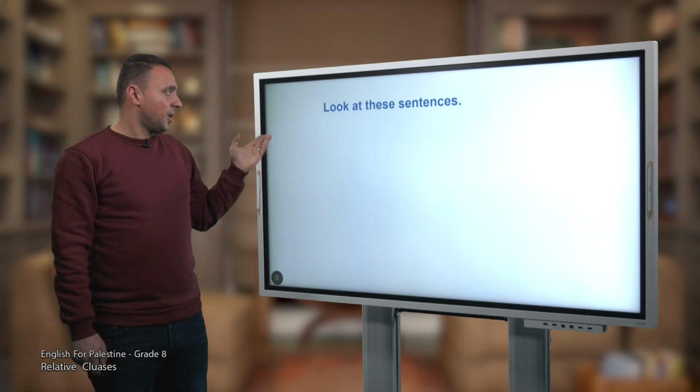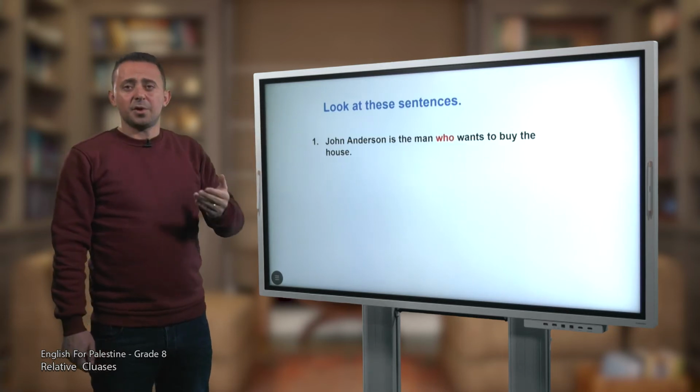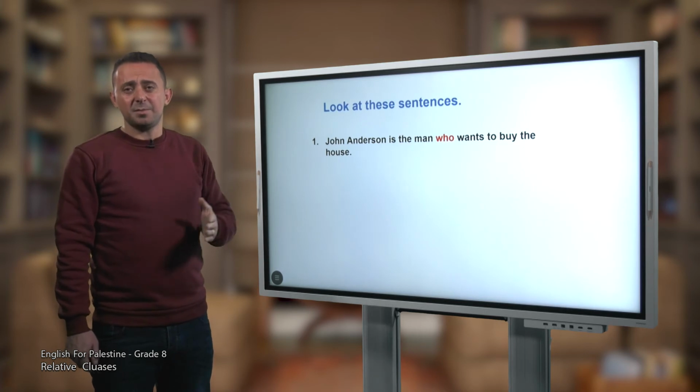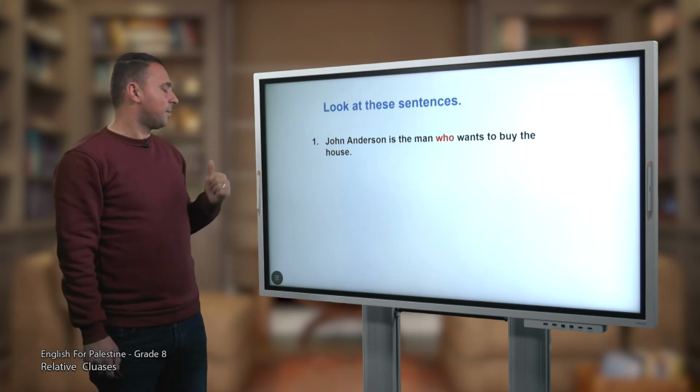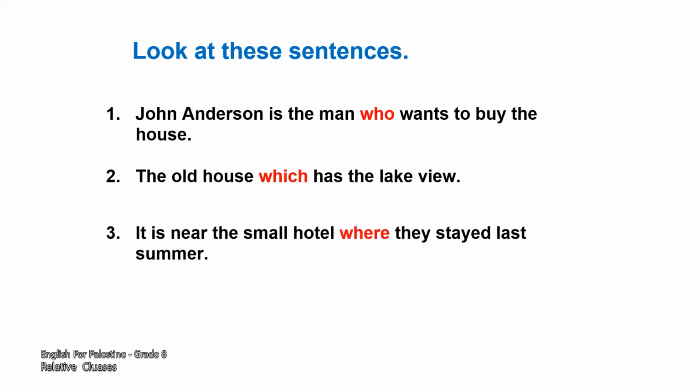Now, I want you students to look at these sentences from the dialogue that we have read between Jamal and Max. Number 1. John Anderson is the man who wants to buy the house. 2. The old house which has the lake view. And 3.